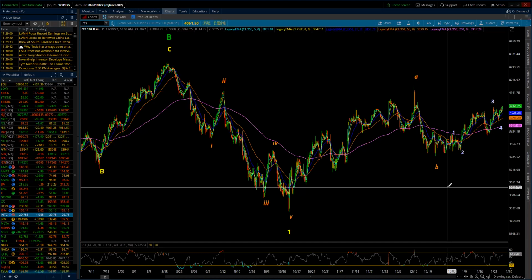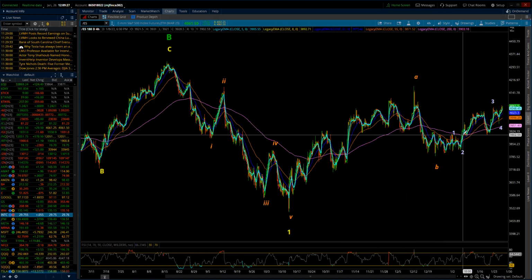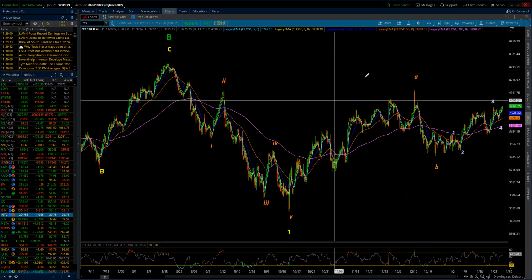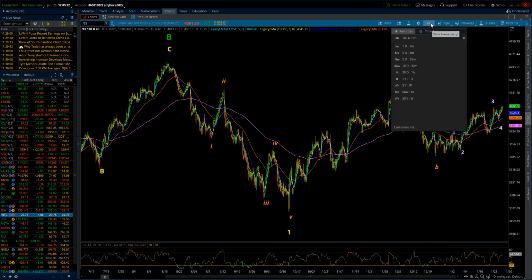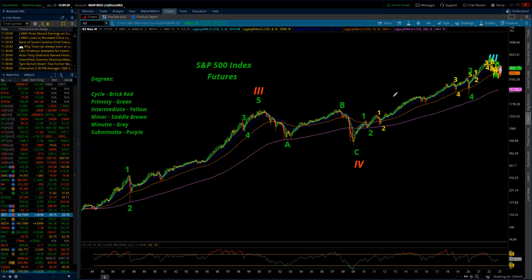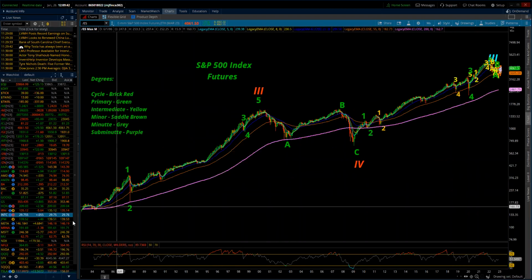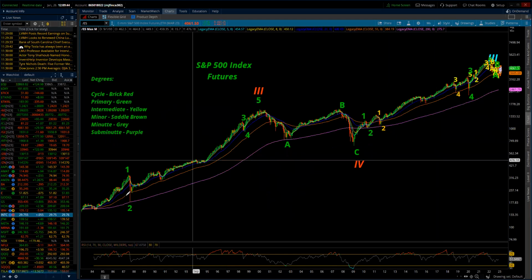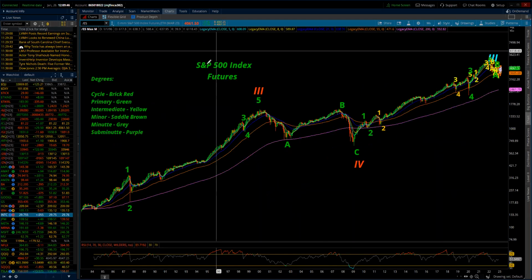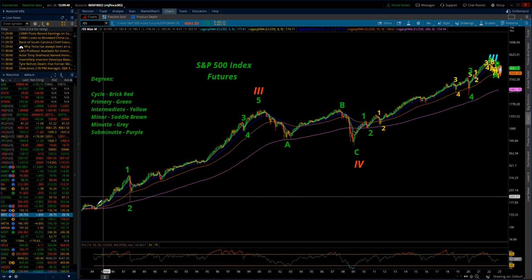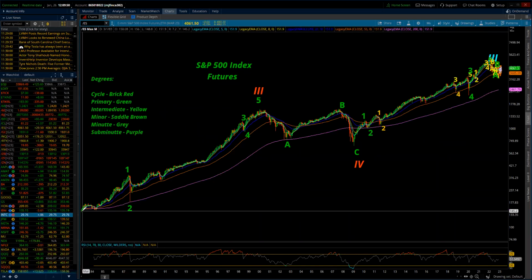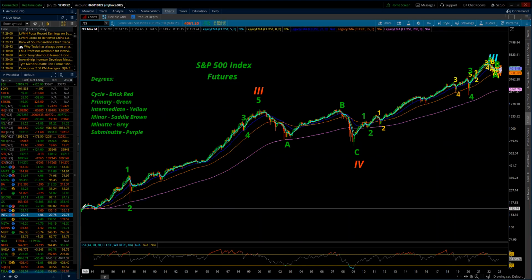Now, to begin, let's go back one step. What Elliott taught me, and what we then turn around and teach everybody else, is you attempt to start on your largest amount of data or largest chart available. For the index futures, the S&P futures, I really go back only to 1983.